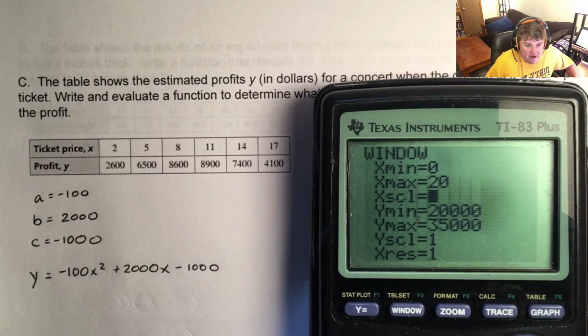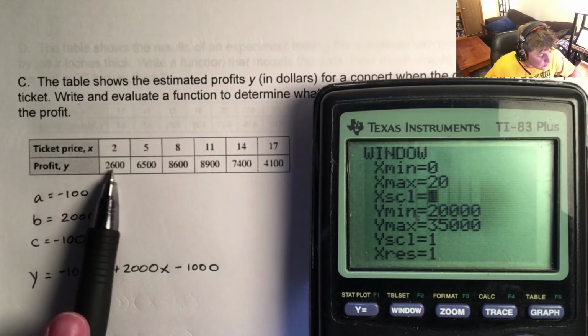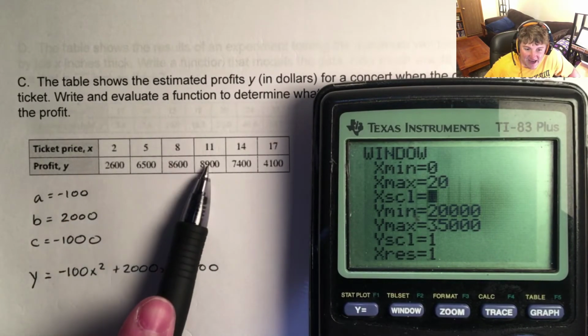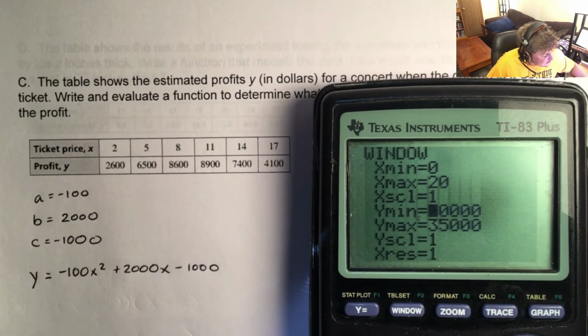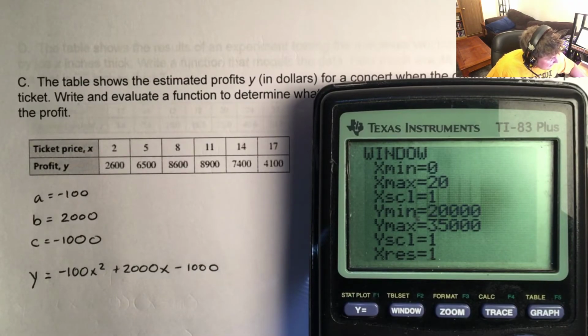They range from as low as 2,600 to as high as 8,900. It might make sense to go from 2,000 to 10,000. I'm going to go to 10,000 just in case we need to look a little higher. I always like to have a little extra if I can.